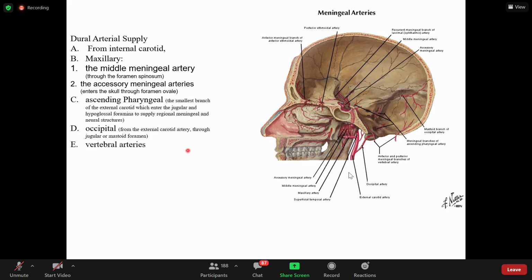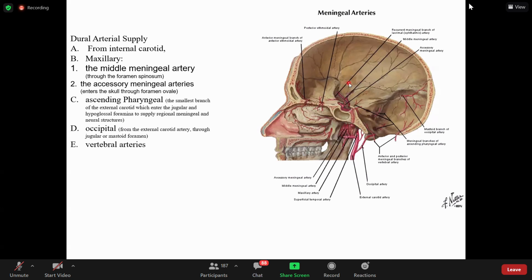They will show you an x-ray of a semilunar kind of white structure on the side of the brain. This is indicating basically a hematoma, epidural hematoma.